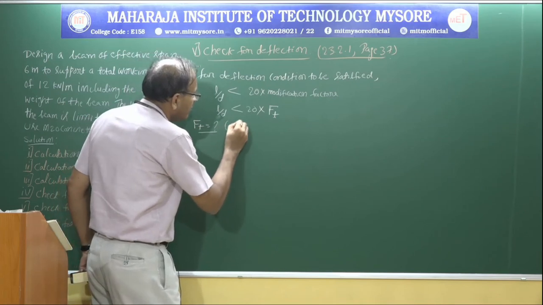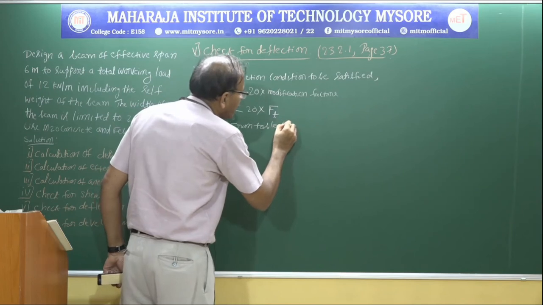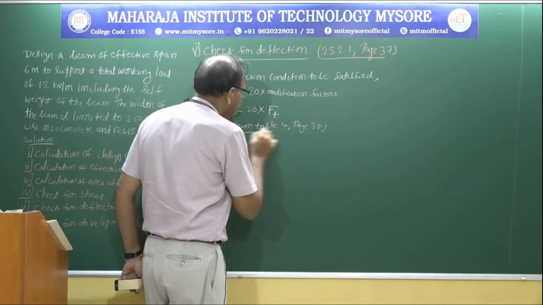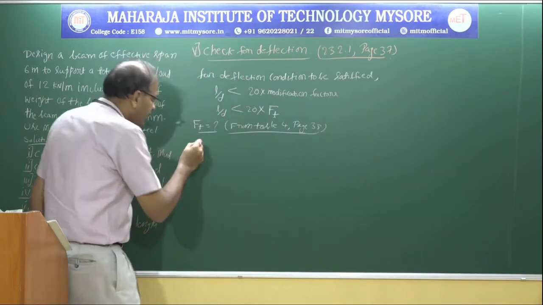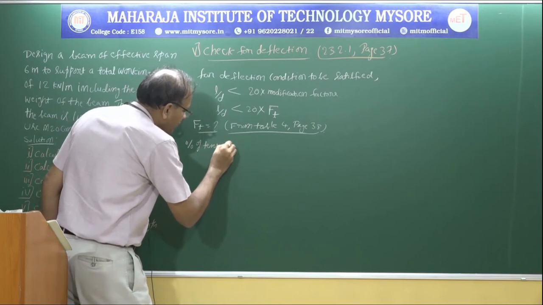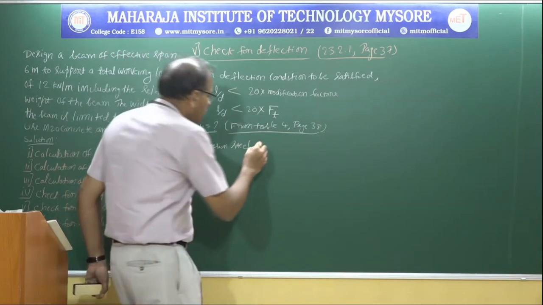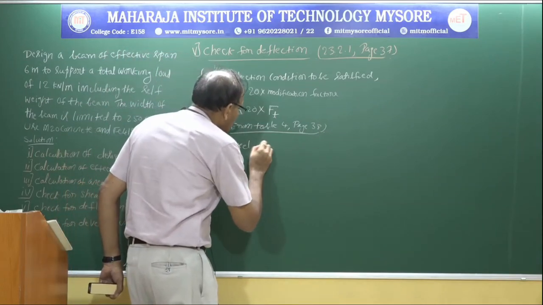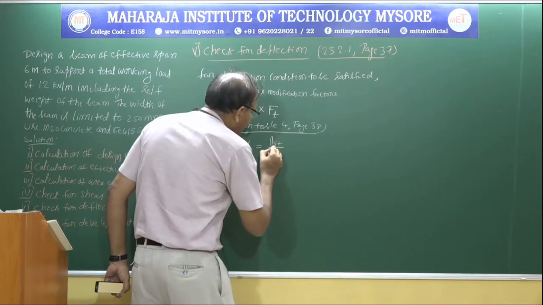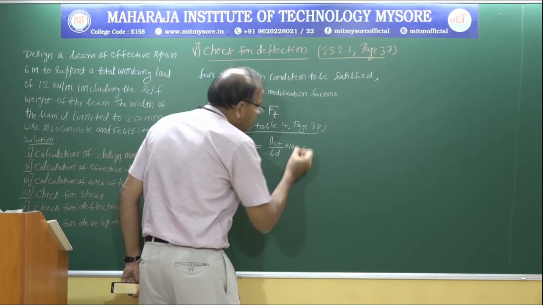So let us find out what Ft is, from figure 4, page 38. Percentage of tension steel equals Ast divided by B D multiplied by 100.